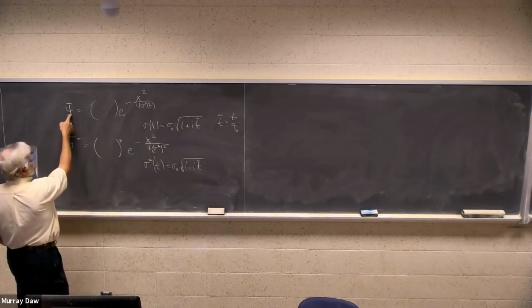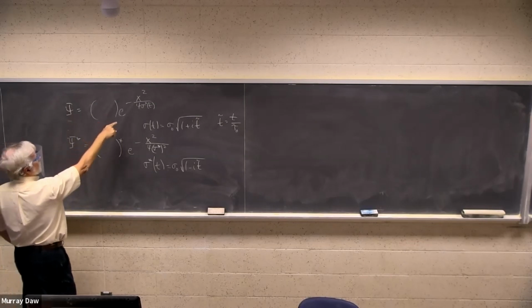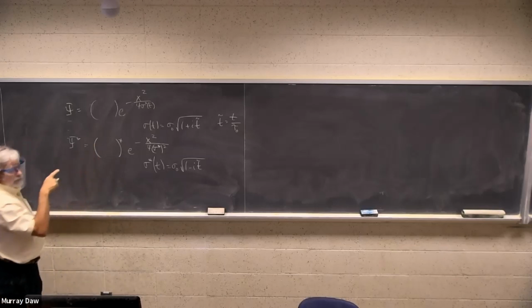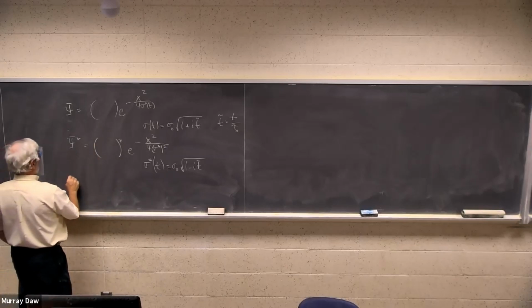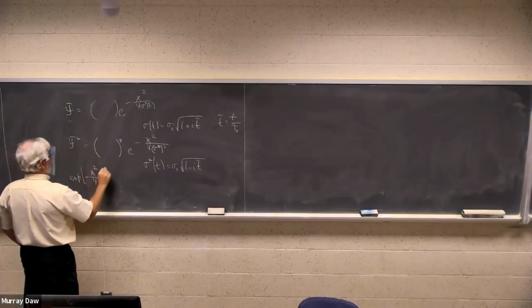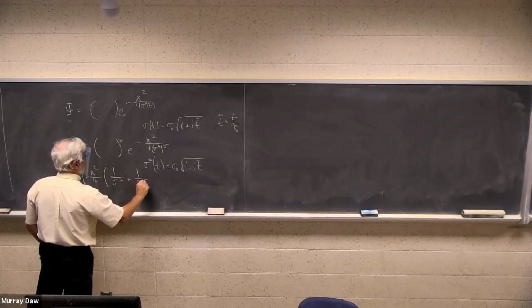If you multiply these together, you have x squared over the exponentials, right? The product of two exponentials is the exponential of the sum. So you get 1 over sigma squared plus 1 over sigma star squared.